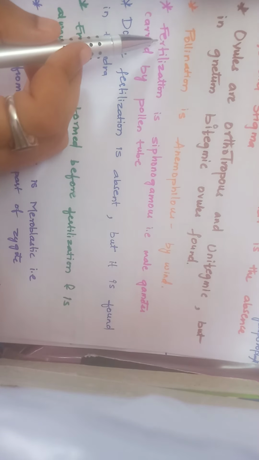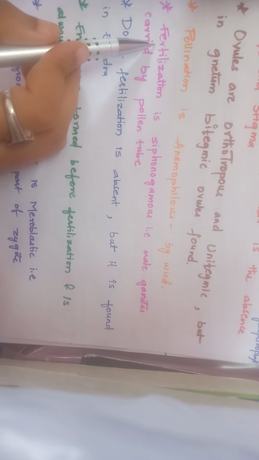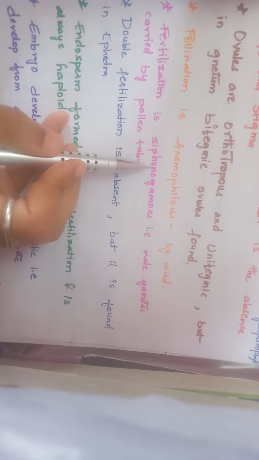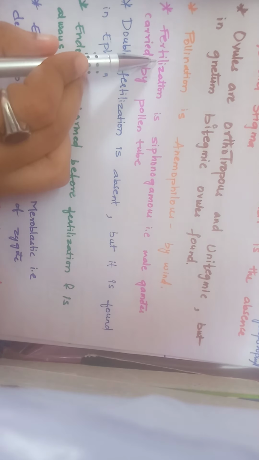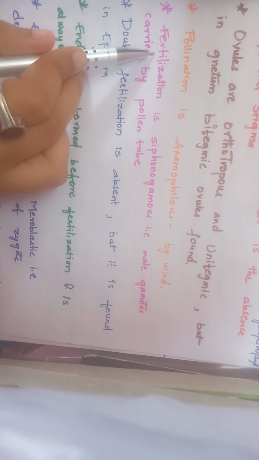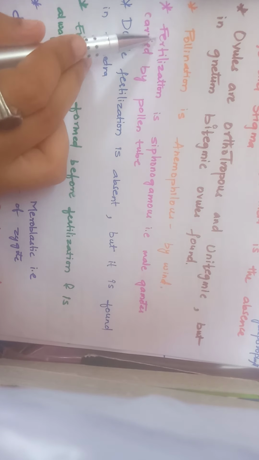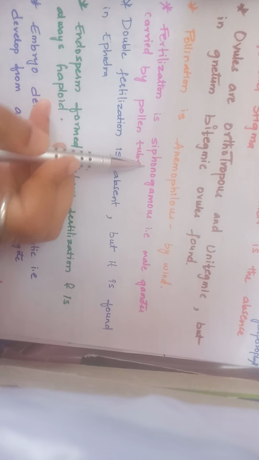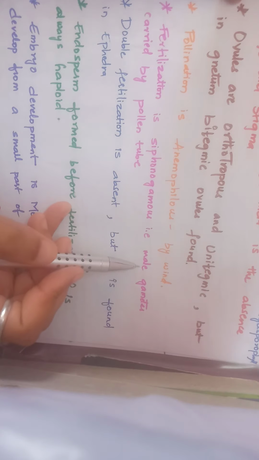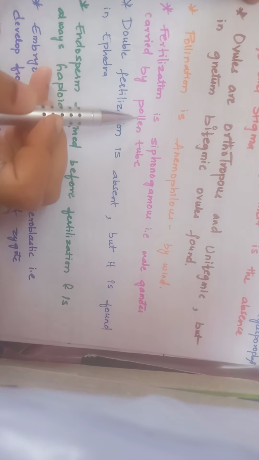Then coming to the fertilization, here the fertilization is siphonogamous. First, what is fertilization? Fertilization is the fusion between the male and female gametes. Here fertilization is siphonogamous, which means that male gametes are carried by the pollen tube.